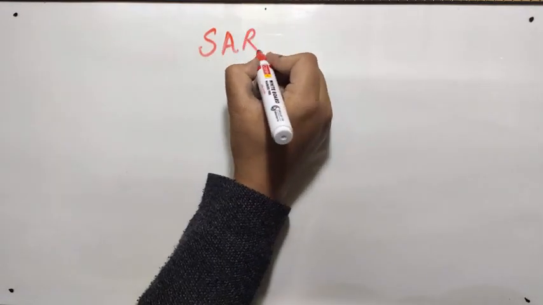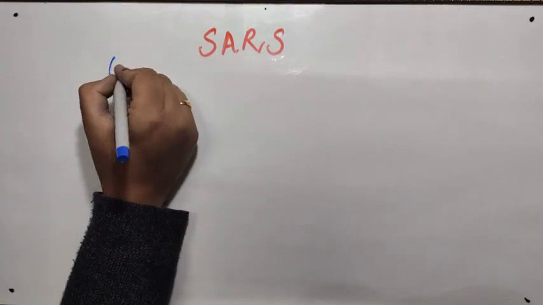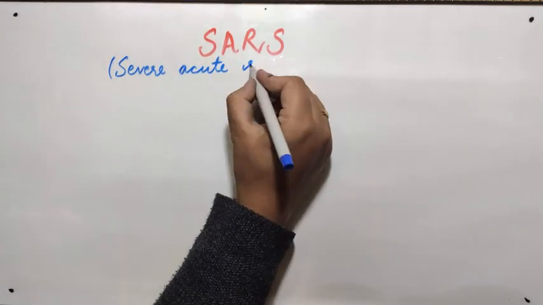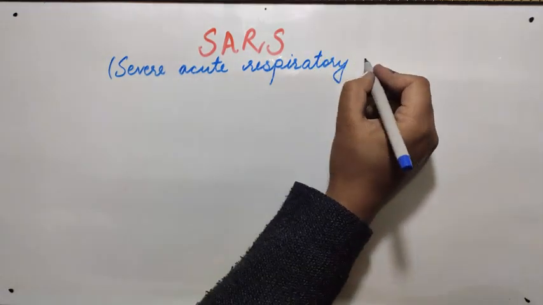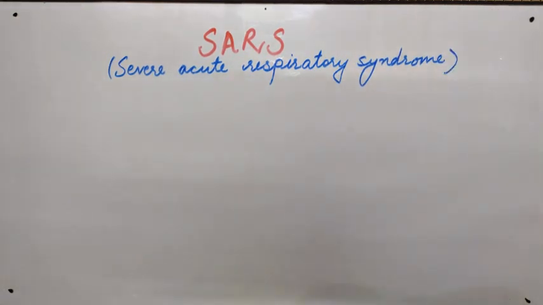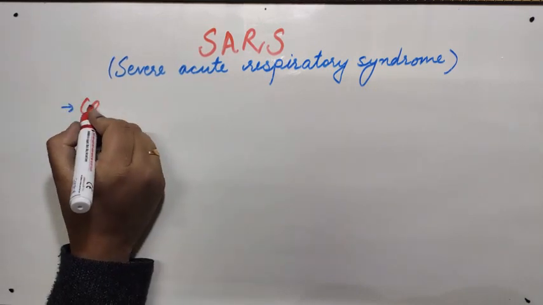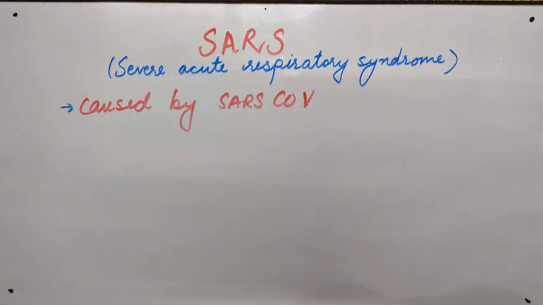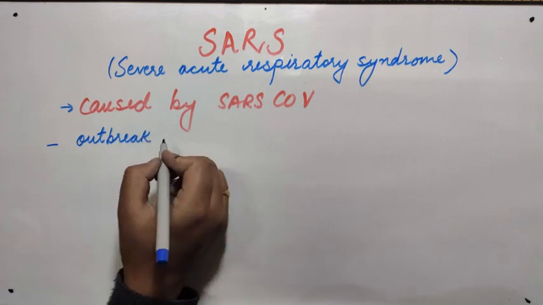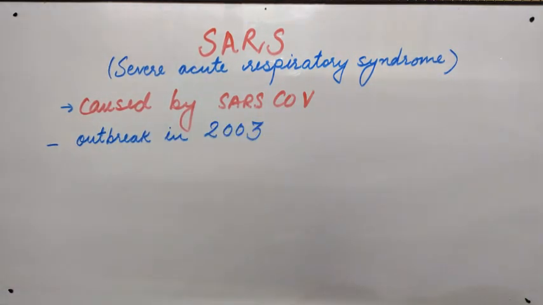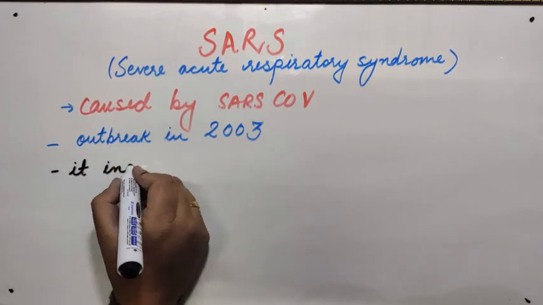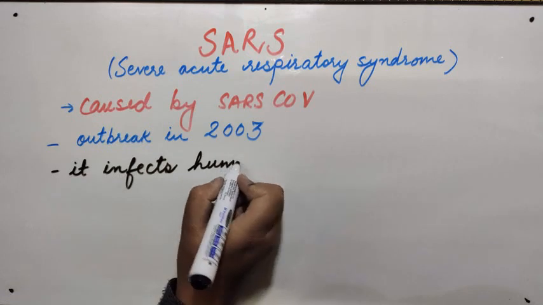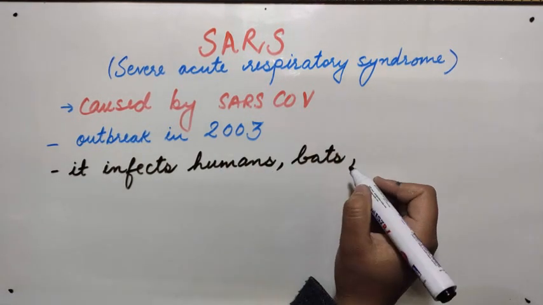Coming to SARS. SARS is severe acute respiratory syndrome. SARS is caused by severe acute respiratory syndrome coronavirus. The outbreak occurred in 2003 and it infects humans, bats and civets.